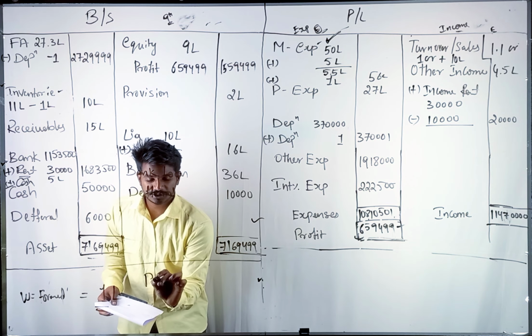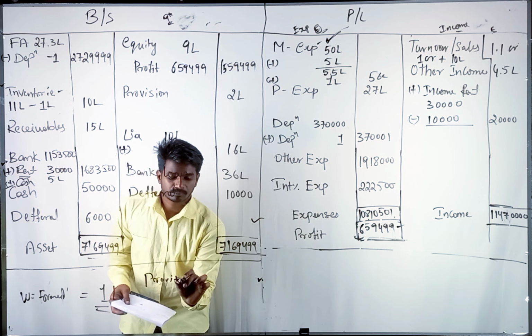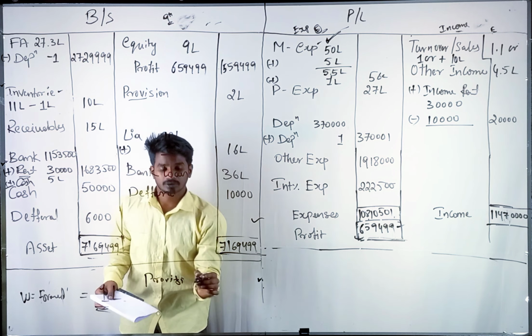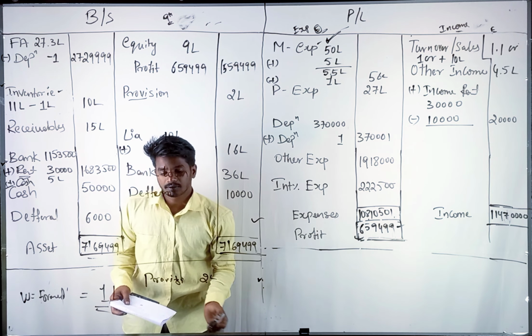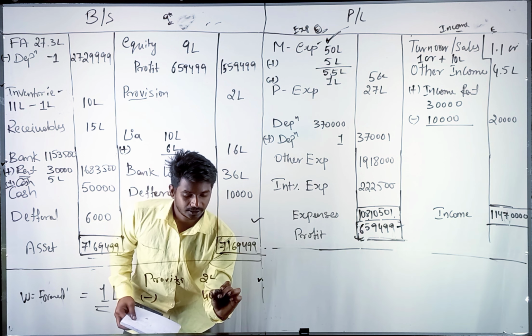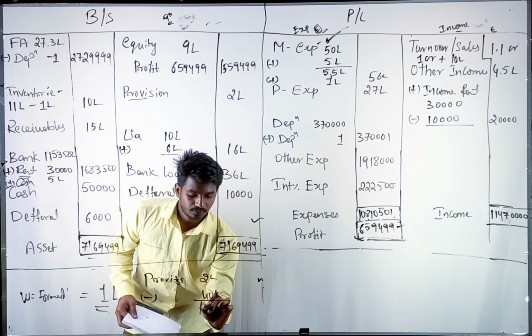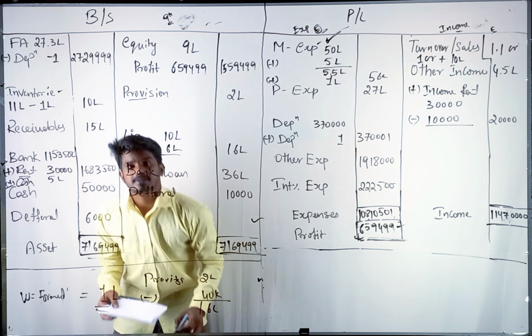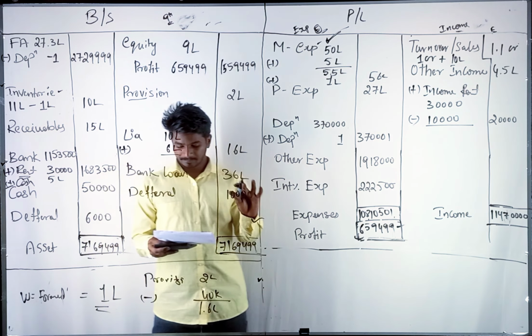Out of provision, how much it is? 2 lakh rupees. From that, if we pay 40,000, remaining will be 1.6 lakhs. Is that correct? Yes, fine.